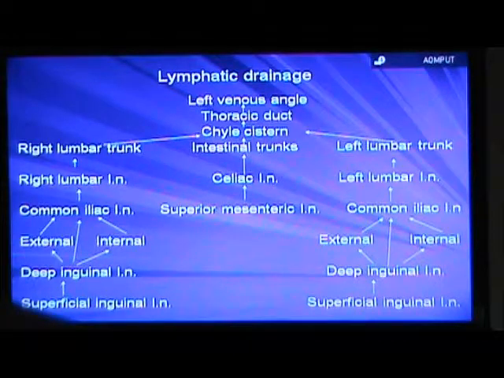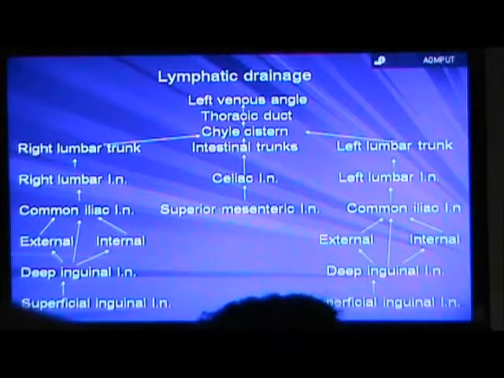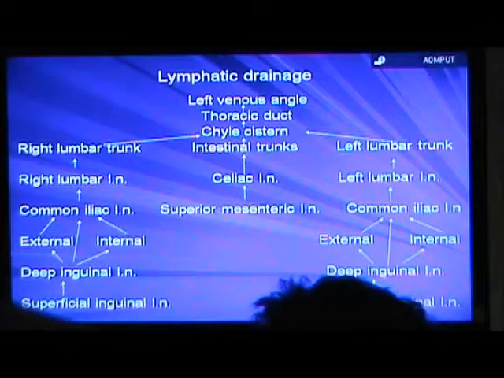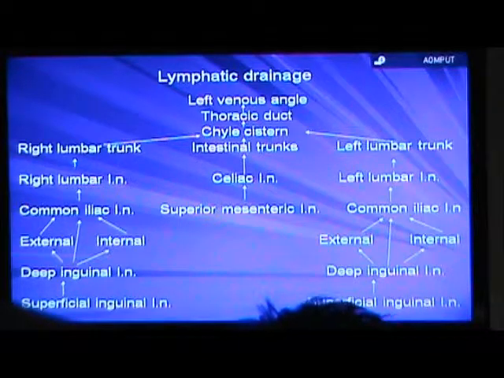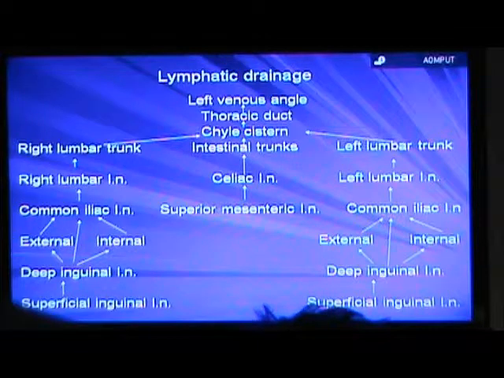So, 3 roads, yes? And next, from the common iliac lymph nodes to the left and right lumbar lymph nodes, or we can call them in a different division, so the aortic, caval, and intermediate.